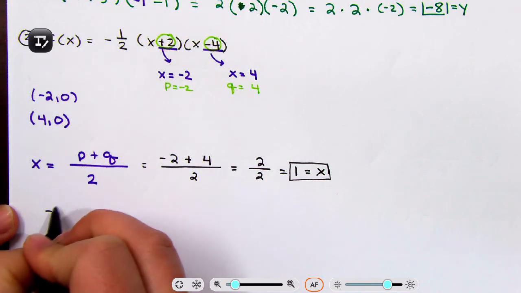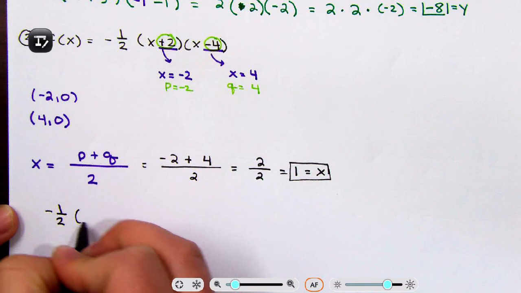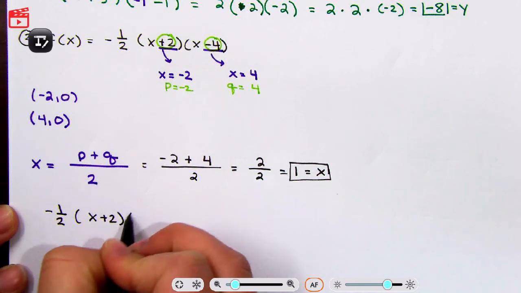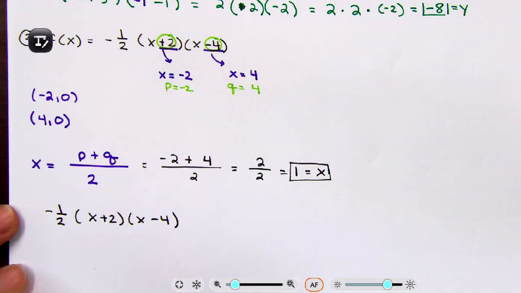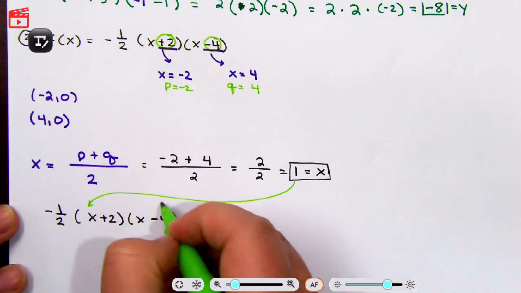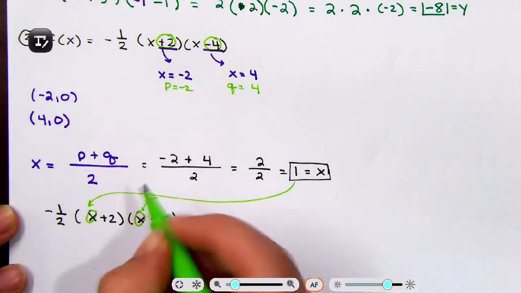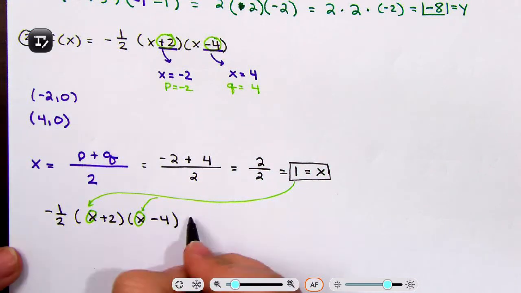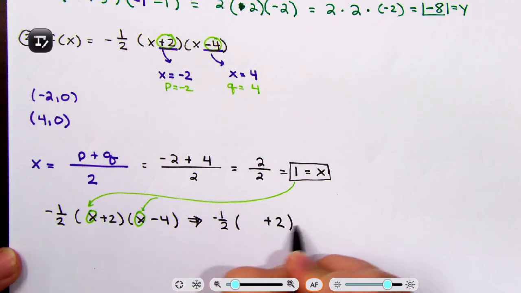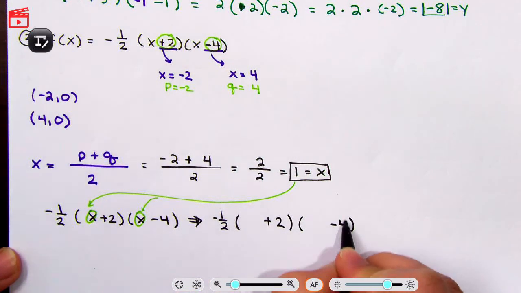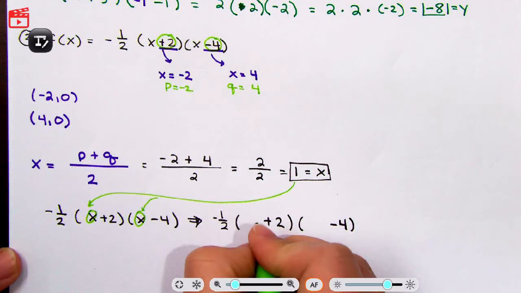Taking my original equation, which is -1/2 times x plus 2 times x minus 4, I'm going to plug in that x value in for the placement of x. So I have -1/2 times, and I'm just going to leave spaces for my x values, and I'm going to go back in and write them in, which is a 1.